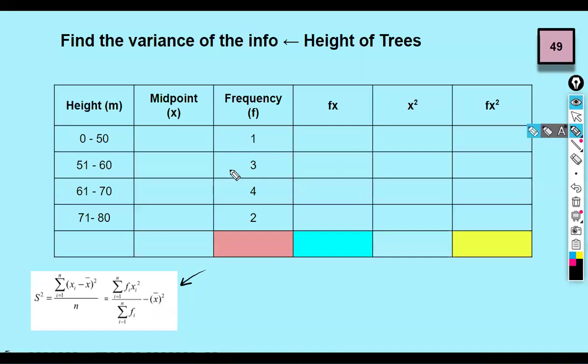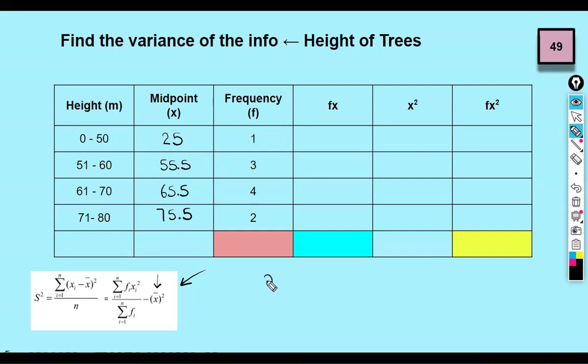For the midpoints, let's make sure we have 25, 55.5, 65.5, and 75.5. All right. Now, the first thing you need to do is find the mean.